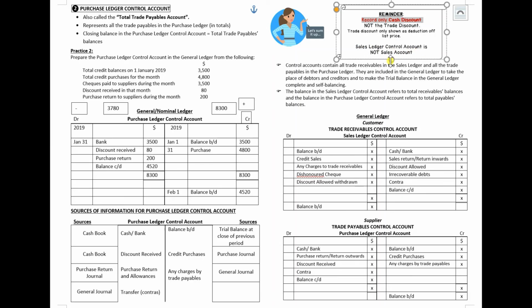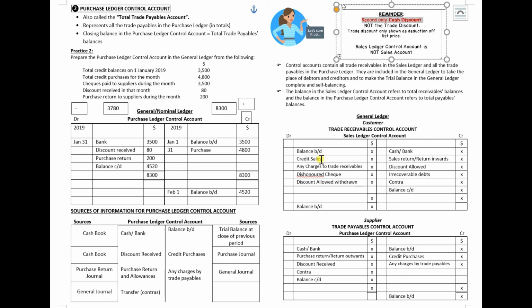Sales ledger control account is not the sales account. It's more like the total of the debtors and the total of the creditors. Okay, if it's purchase, then it is the total creditors account. And one more thing to note over here, I did not write it down, but please take note that you do not include the cash sales.